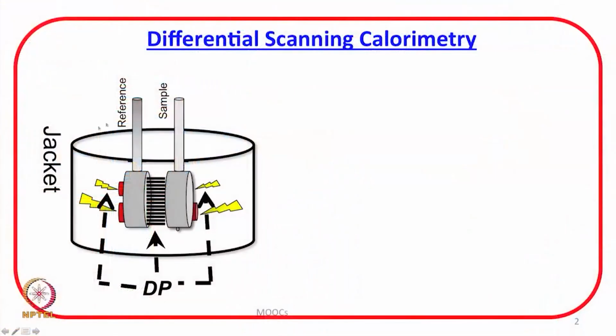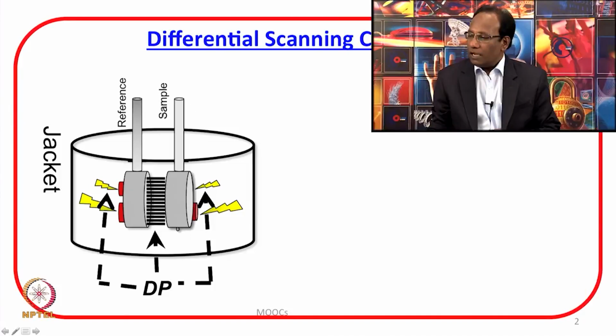The principle of differential scanning calorimetry we discussed in the previous lecture: the sample of interest is filled into the sample cell, and the reference, which if we are talking about protein solutions, usually is buffer, is filled in the reference cell.